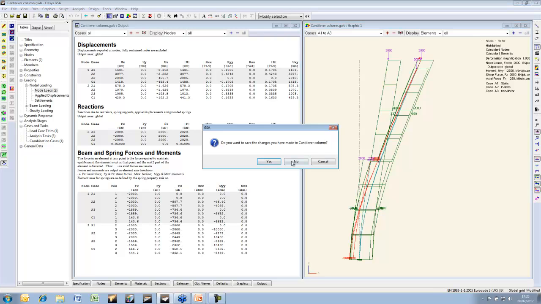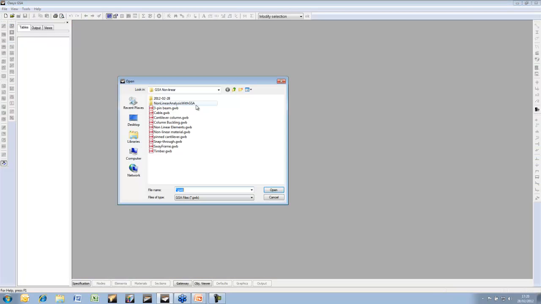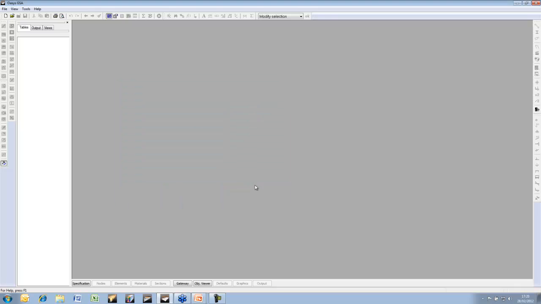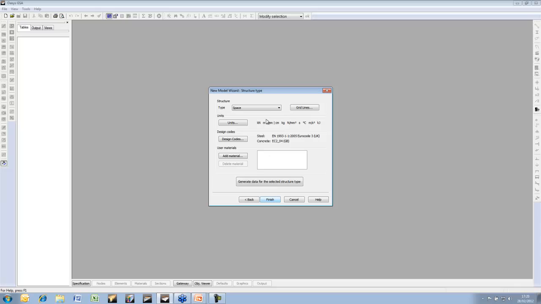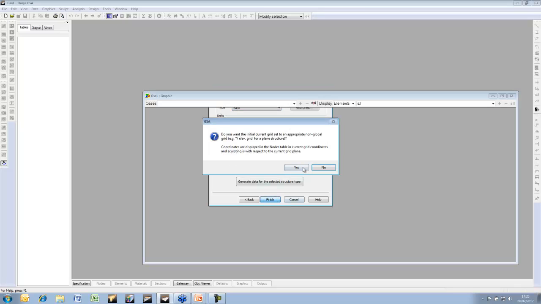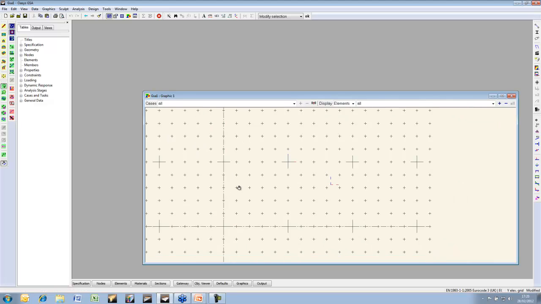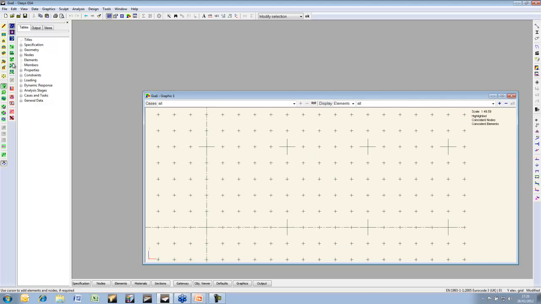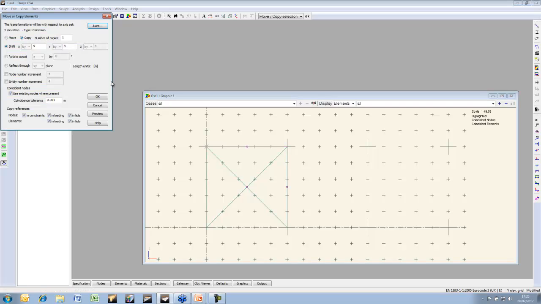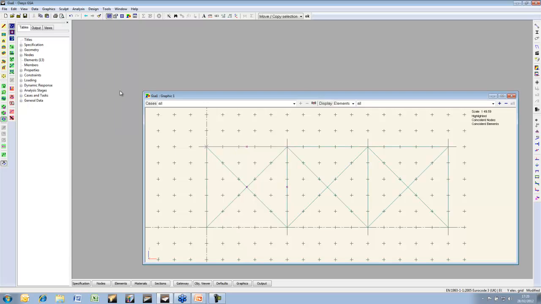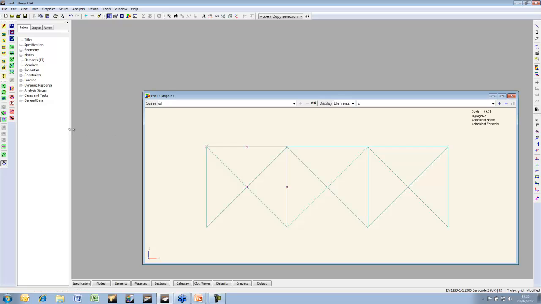Let me close this and open up. Well, let's just create a strut and tie model. Plane frame. I'm just going to draw in elements there, and copy them, 2 copies, cunningly using the polyline to copy the elements across, keeping the spacing.